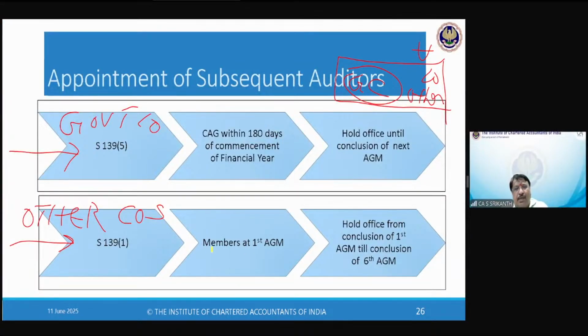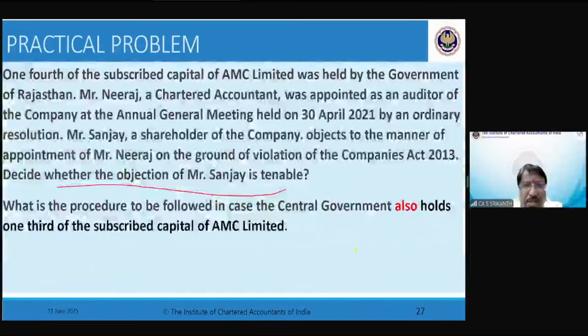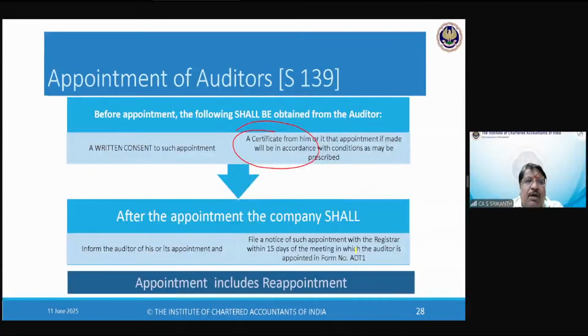See, ABC firm is appointed at the first AGM. They will hold office from the conclusion of the first AGM till the 6th AGM. At the 6th AGM, the ABC firm can be reappointed for another 5 years. Now, while reappointing for another 5 years, the same procedures are to be followed.